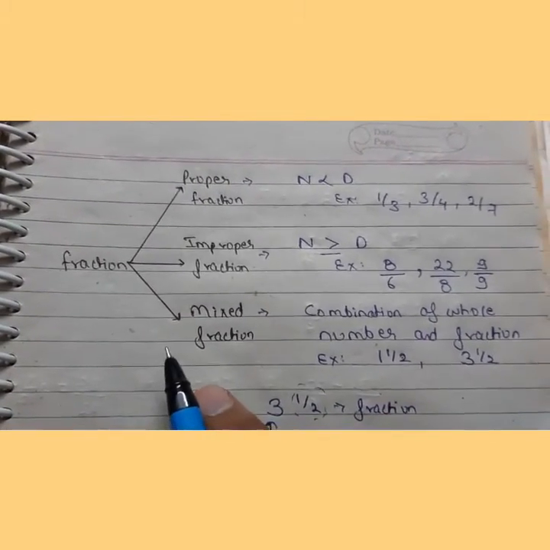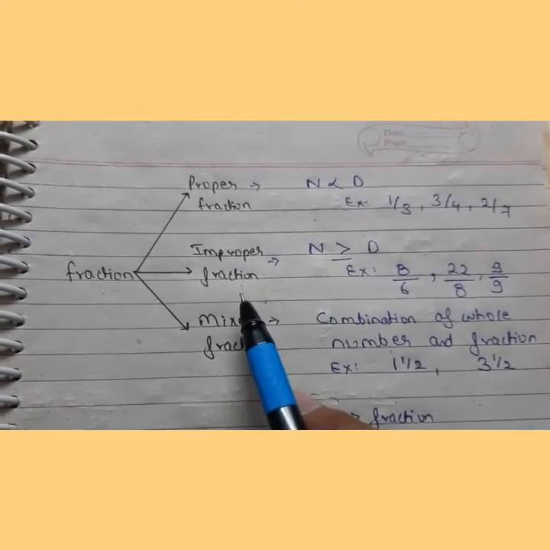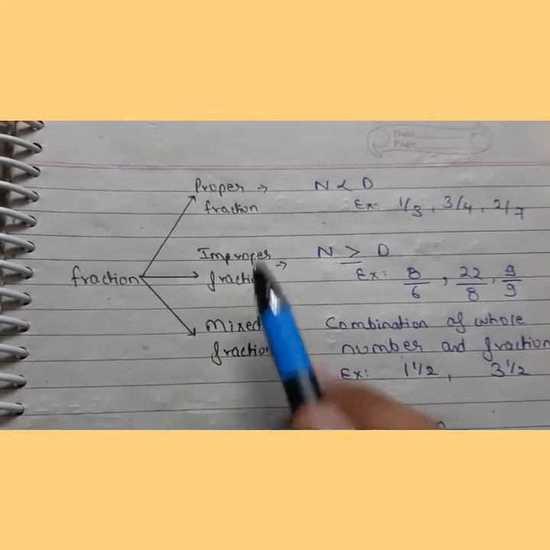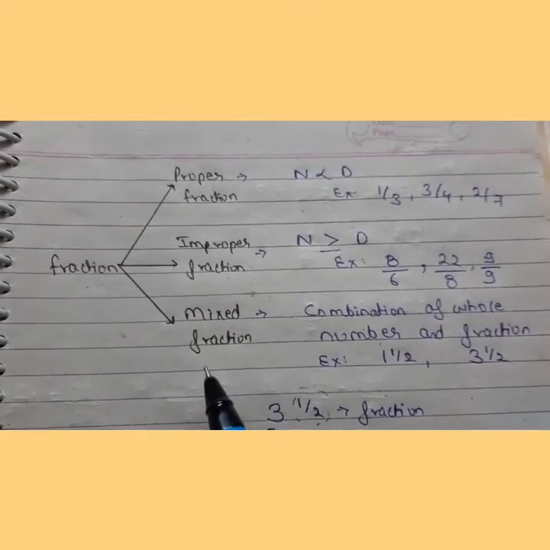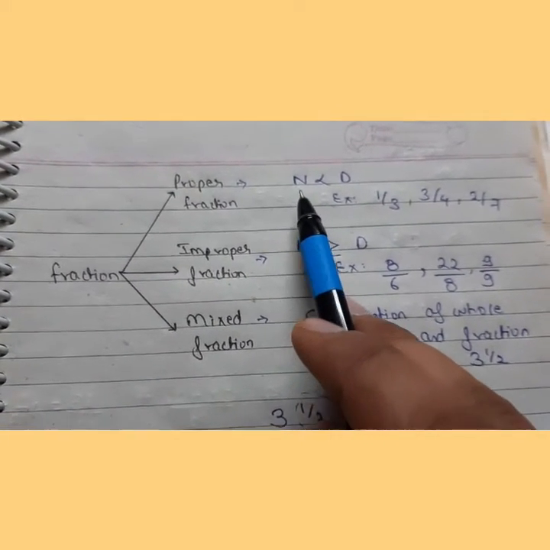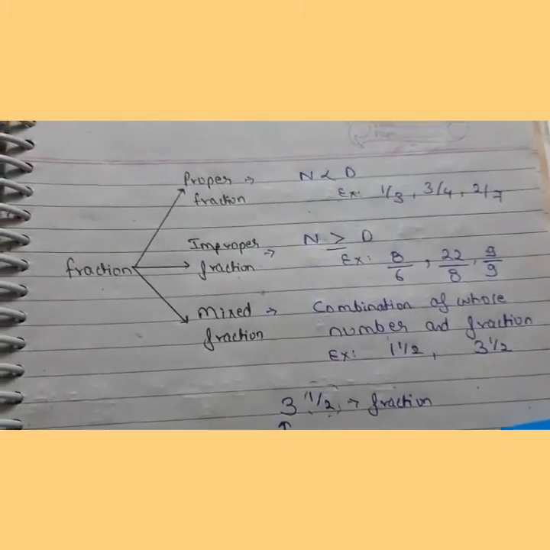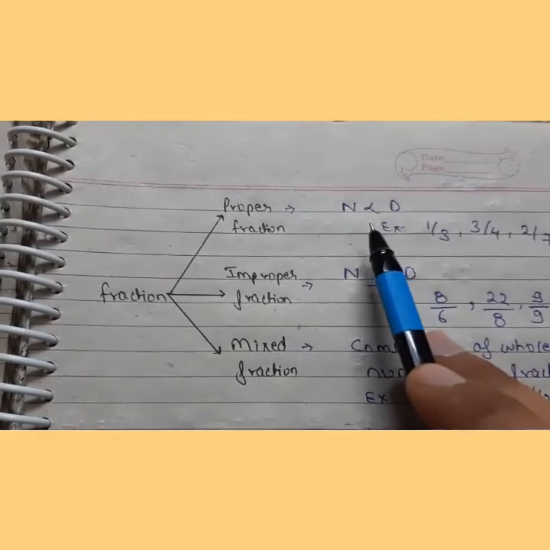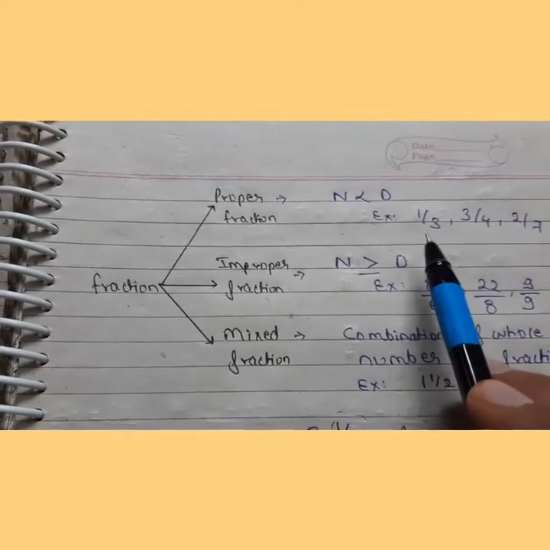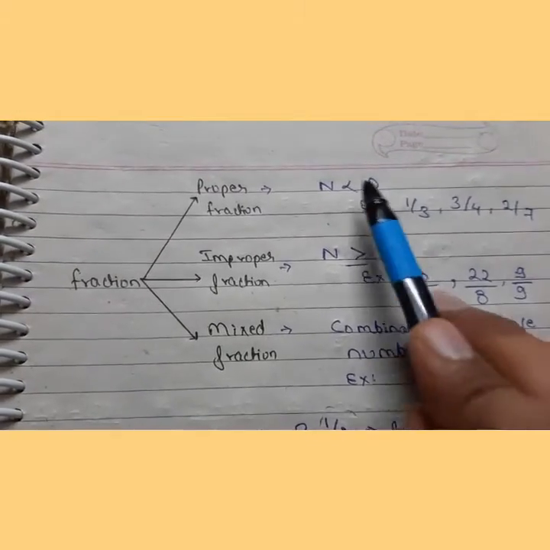Now fractions are basically of 3 types: proper fraction, improper fraction and mixed fraction. Now what is the difference between these 3? See, proper fractions are those fractions in which the numerator is less than the denominator. Examples: 1 upon 3, 3 upon 4, 2 upon 7.